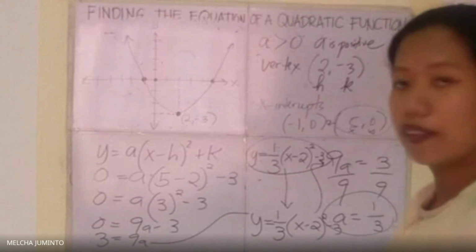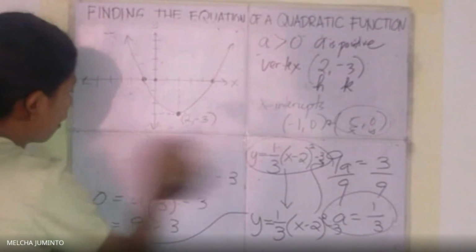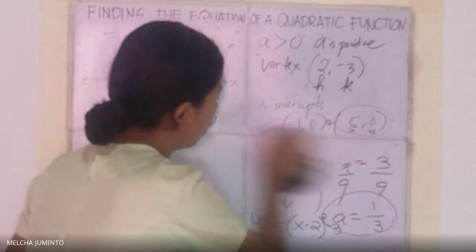Another example. This time downward. Let's have an example wherein the graph opens downward.